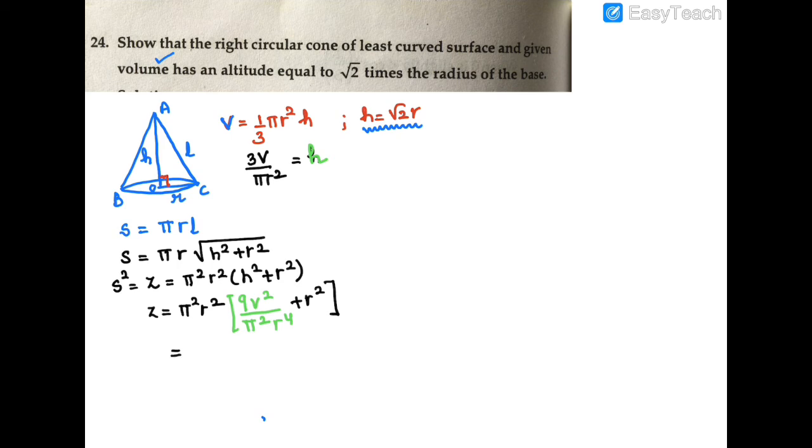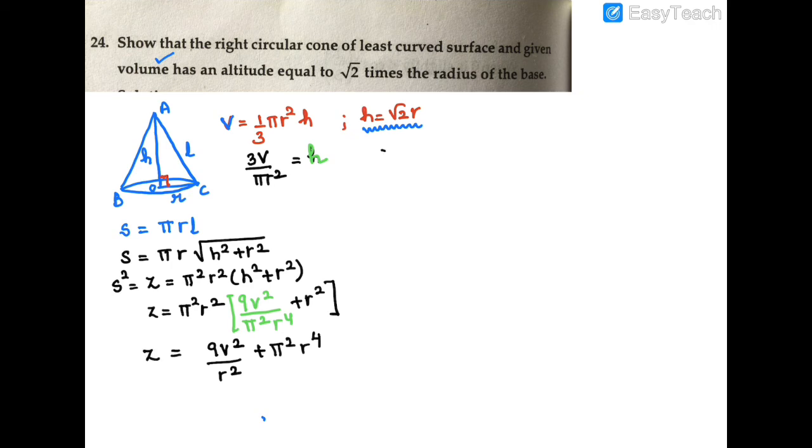So I am multiplying the first two terms, and when I multiply I get 9v square, pi square and pi square get cancelled, in the denominator is r square, plus pi square r to the power 4. This is z.